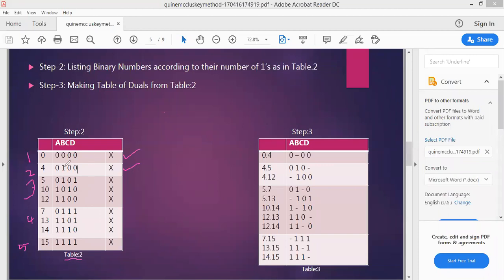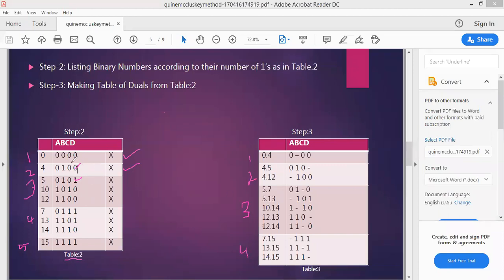So now we will compare 4 with 5. If we are comparing 4 with 5, there is a difference in bit D. So there is 0 in 4 and 1 in 5. So this can be grouped together in the next group. Here group 1 has 0 comma 1, and this is group 2, group 3, and group 4.